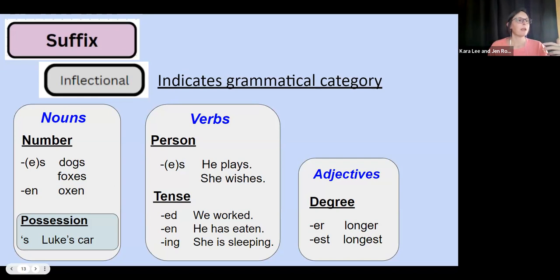Something else that inflectional suffixes do is alert us to something called person. So for example, I play, he plays. I'm still in the realm of verb, but the suffix in that case helps me to match the person who's doing the action with the action.